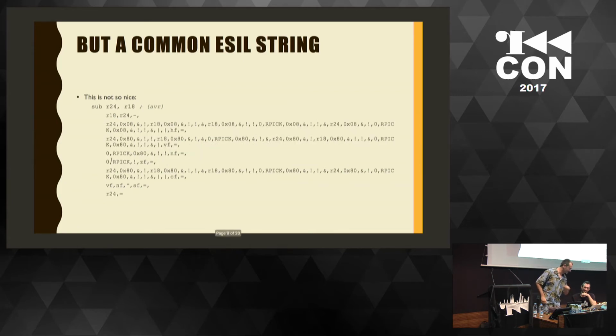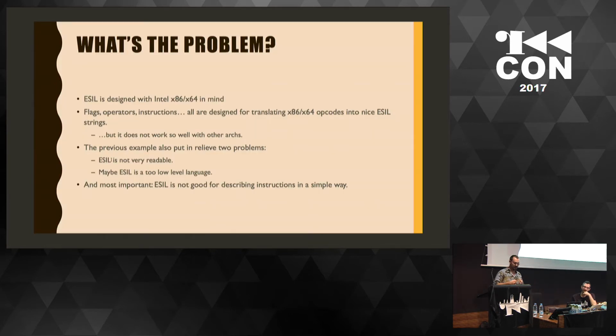It's better. But well, this is the same thing. I have put it in parts, and now I will explain during the next 2 hours the contents of this string. No, don't worry, it's a joke. But this is the problem. ESIL is a good language for describing instructions, but not for humans.